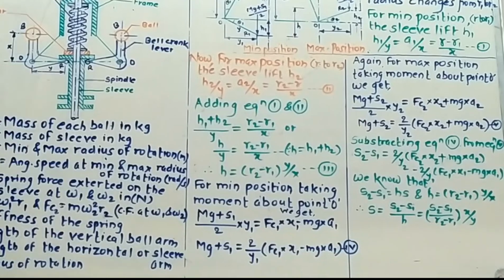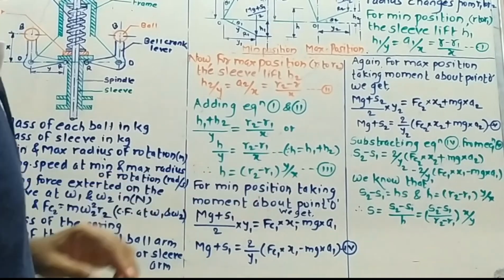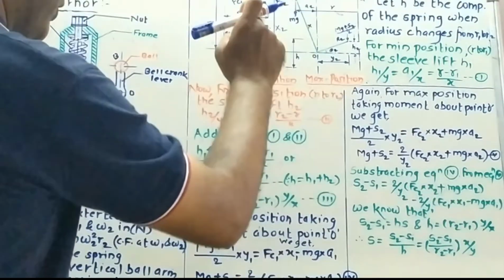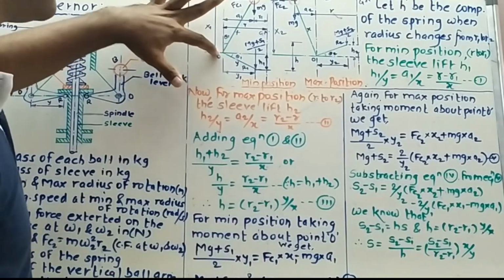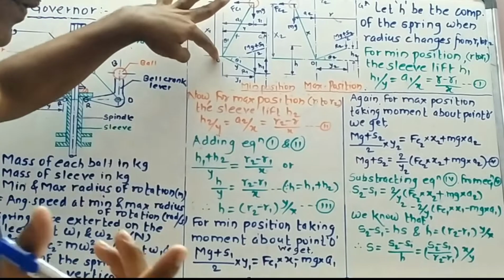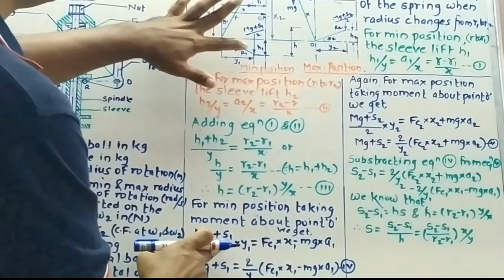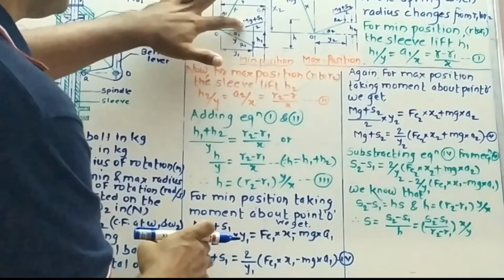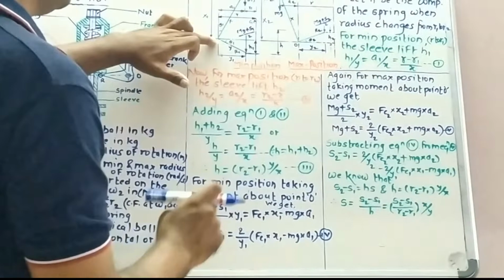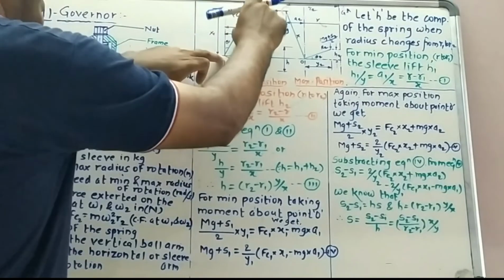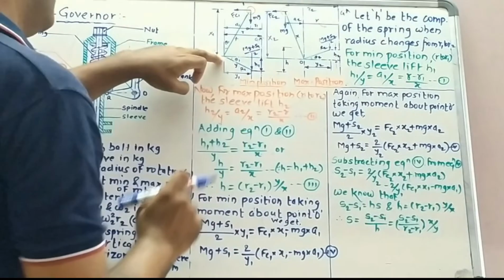Now, for further analysis, for the minimum position, take the moment of all the forces about this point O and equate the same. The first force, (mg plus s1) divided by 2, turns about this point in the clockwise direction. This mg also turns about this point in the clockwise direction.